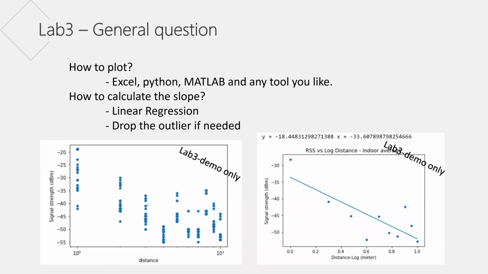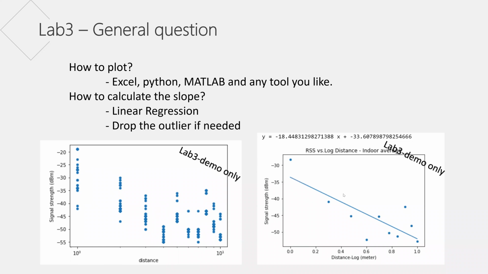You can see there are lots of points here. And then in the second graph, I calculate the average value of them. The average value for them is like minus 33, 28, and so on.